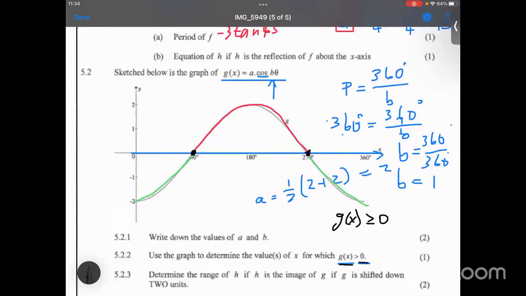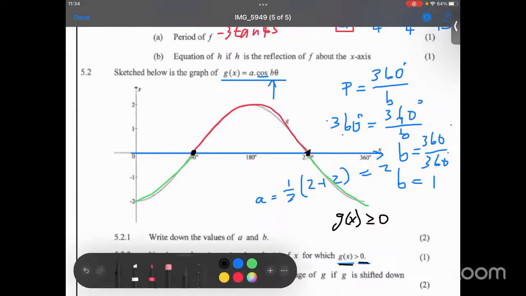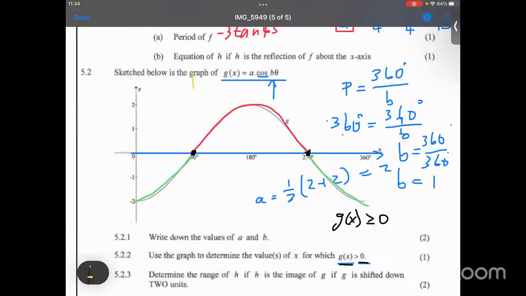That's why even when you answer, you will say actually between 90 and 270. It is between that section whereby you are having that graph of g being above 0.